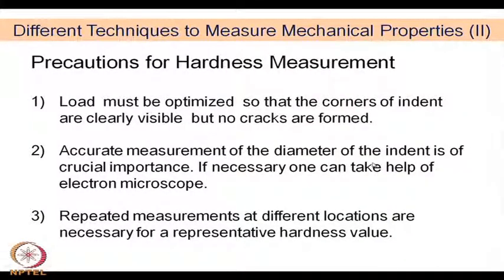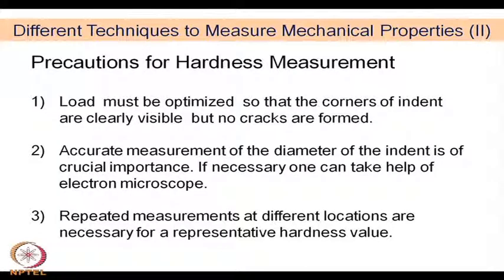Accurate measurement of the diameter of the indent is of crucial importance. If necessary, one can take help of the electron microscope. Normally, optical microscopes are used to measure the dimensions of the indent, and it is in the order of microns, certainly less than a millimeter.